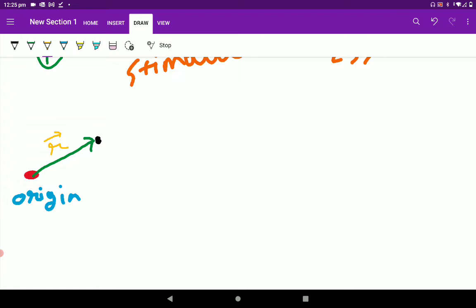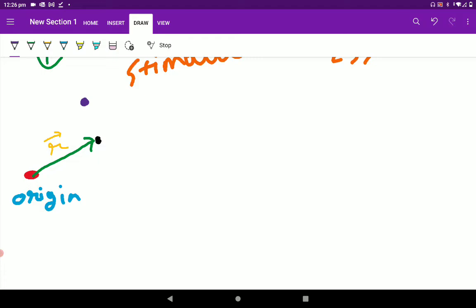And when you apply an external force, then each point on the material moves with respect to its original position, and this displacement is given by the vector u. So when you apply the force, the deformation, this point moves to the new position. Suppose it moves to this position.